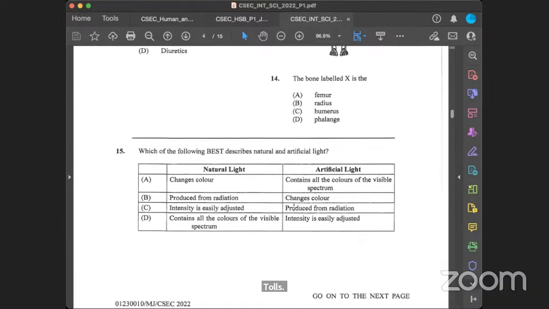Natural light and artificial light. Read the question, read the options. Which one is the best one? You can adjust the intensity of natural light.